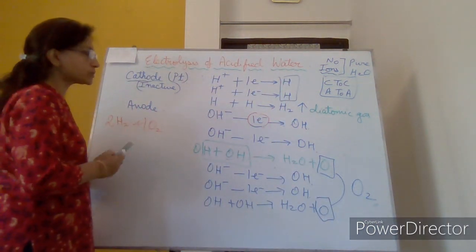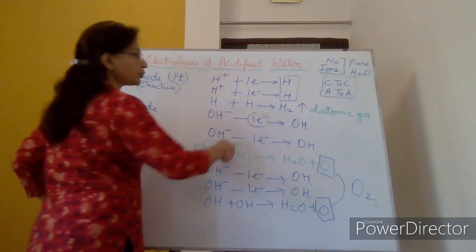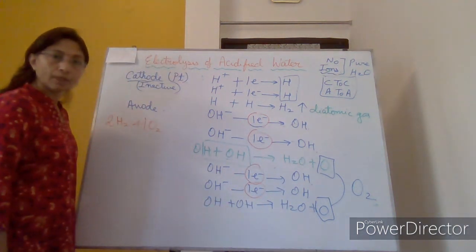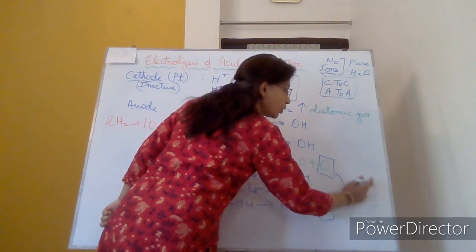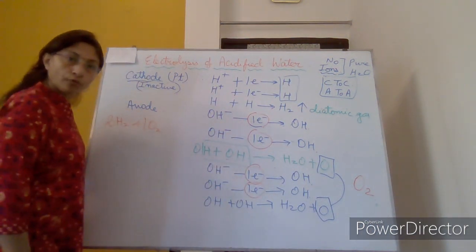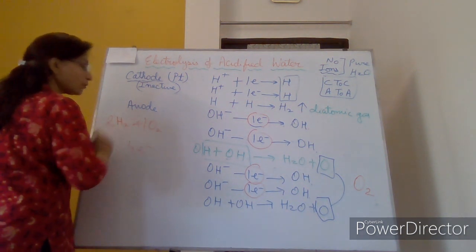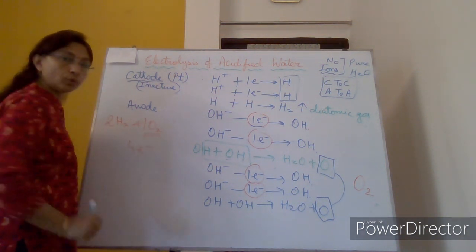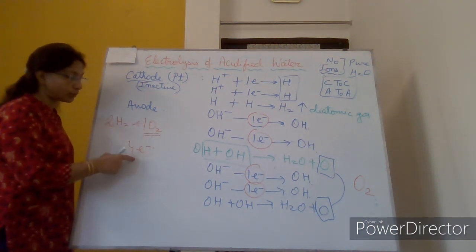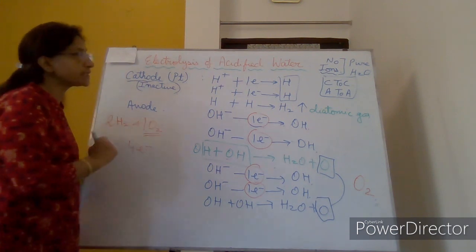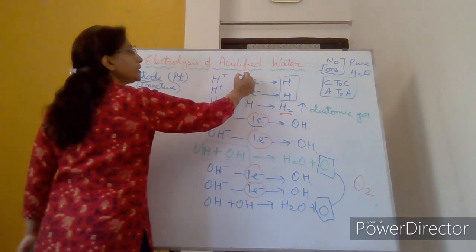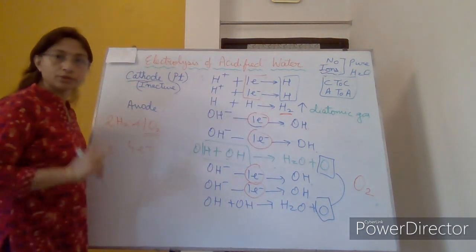But during the process, count the electrons that have been produced. Number 1, 2, 3 and 4. That means for the formation of one oxygen molecule, how many electrons were lost? 4 electrons were lost for the formation of one oxygen molecule. But see what is happening here. In order to form one hydrogen, how many electrons are being used? Only 2 electrons.